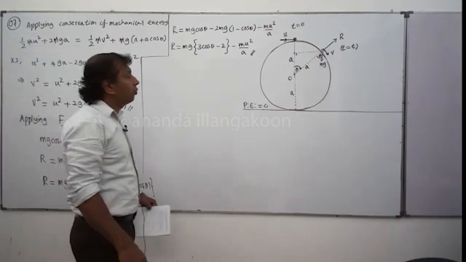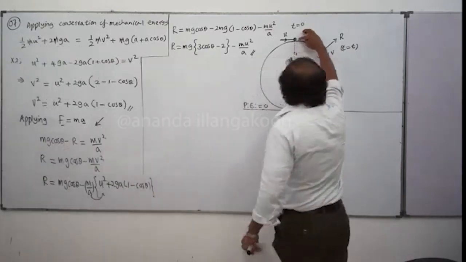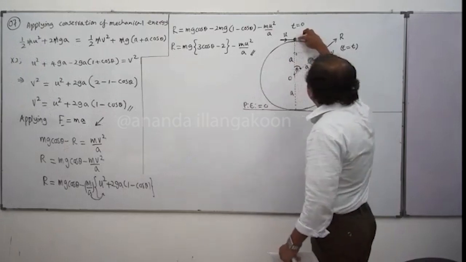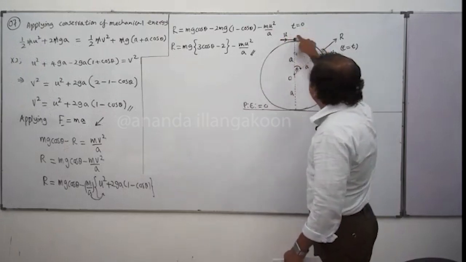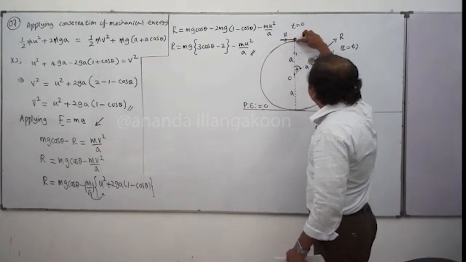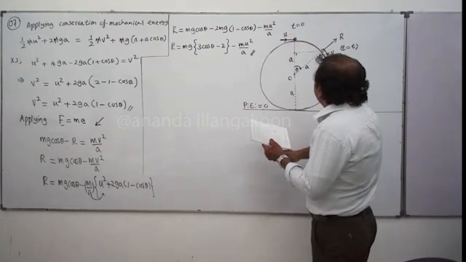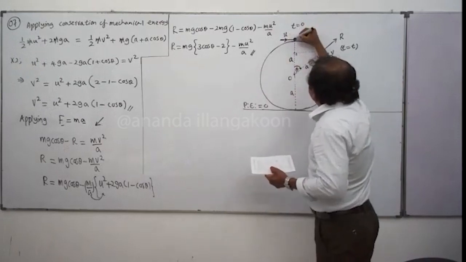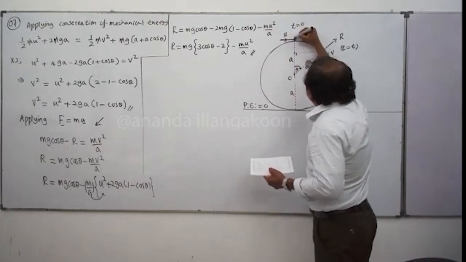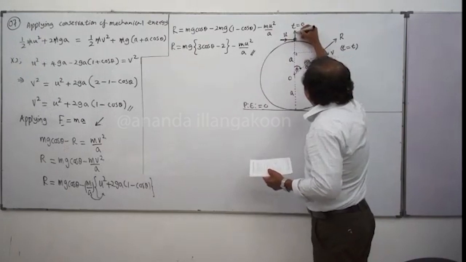That moment also, when we keep this particle at the highest point and after that we give this velocity, at the location where the particle is actually given this velocity u, the particle is acted on by a normal reaction like this, suppose S.